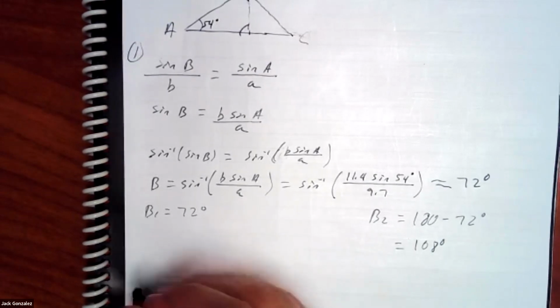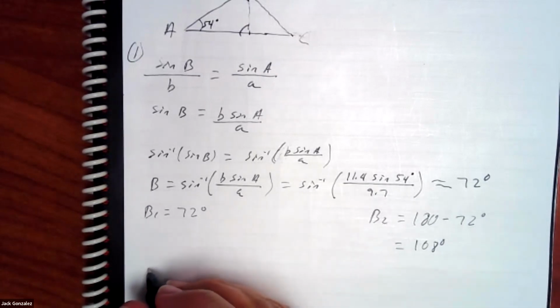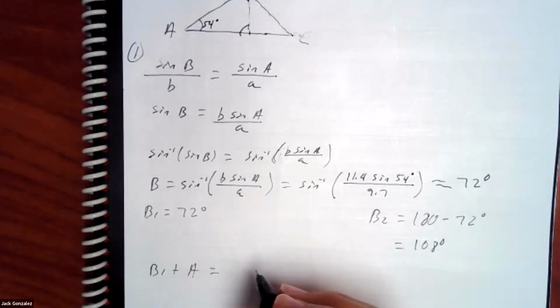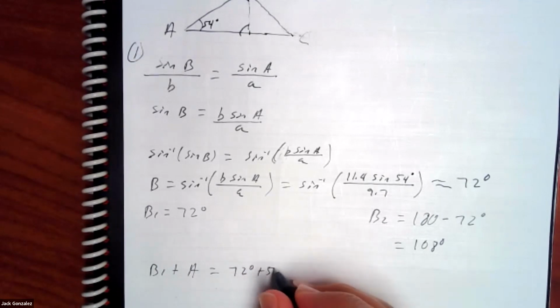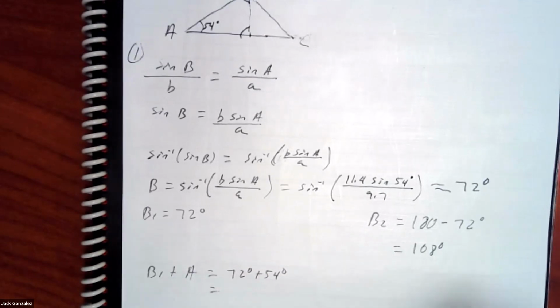So let's test it, right? B1 plus A is equal to 72 plus 54, which is equal to, what is that? 126, right?